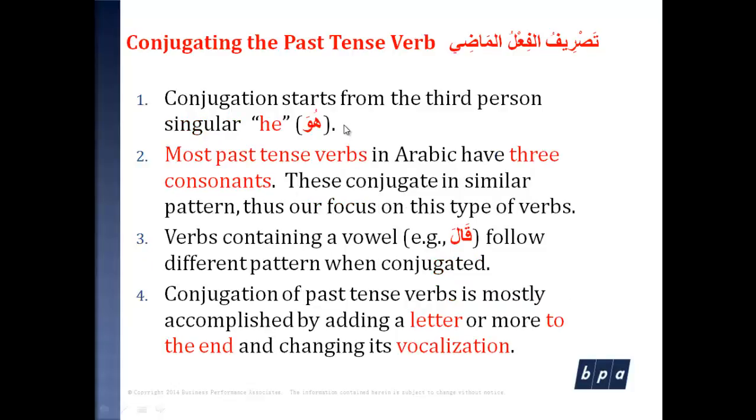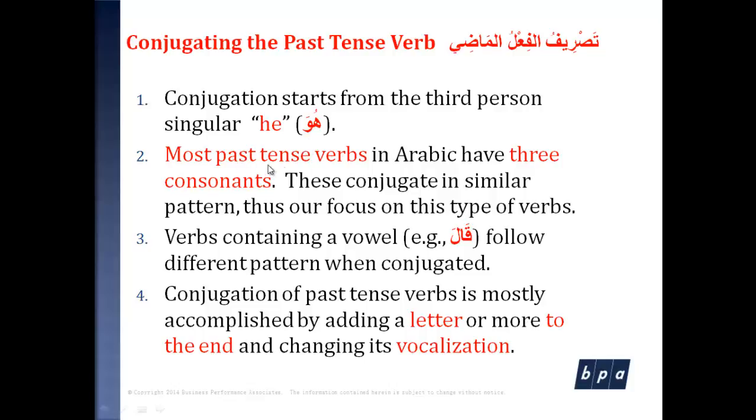The simplest form of the verb is associated with the third person singular, he or huwa in Arabic. So remember, the conjugation starts with the past, and the simplest form of the past verb is associated with the third person singular, huwa.